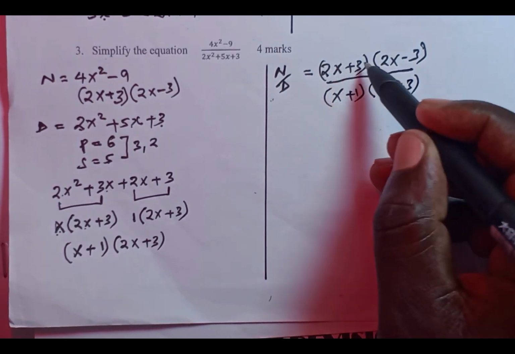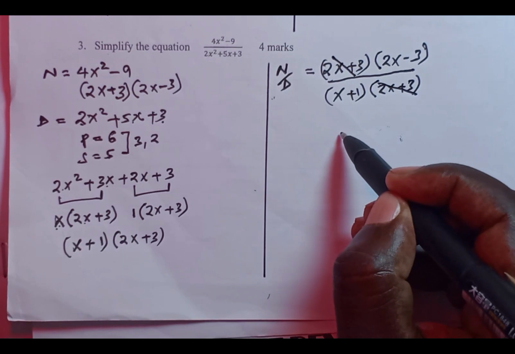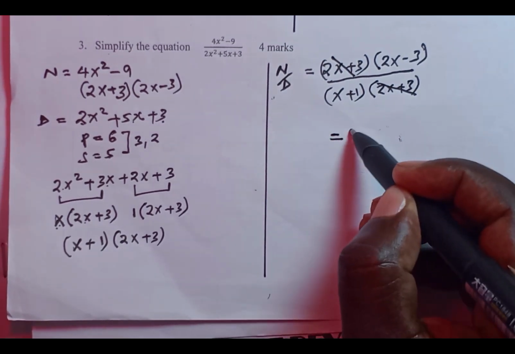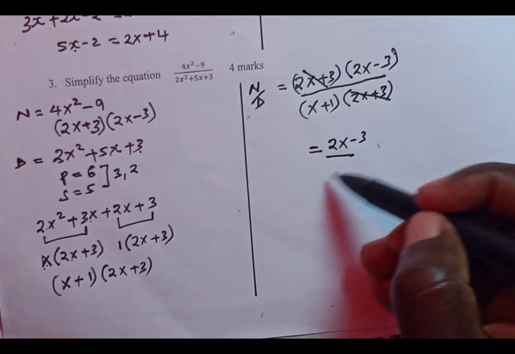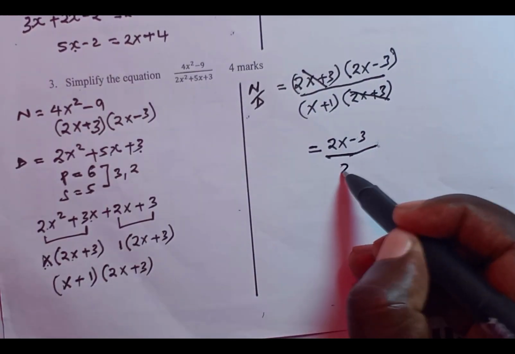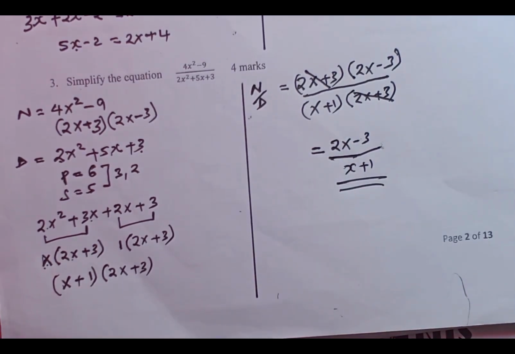You realize 2x plus 3 is common, therefore we cancel it, and the final answer is going to be 2x minus 3 divided by x plus 1.